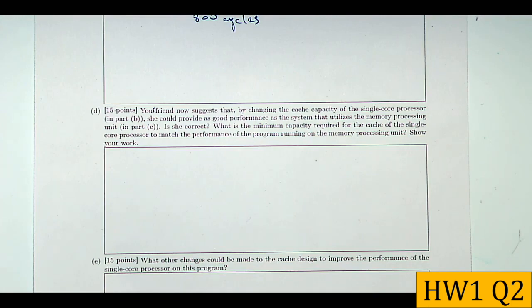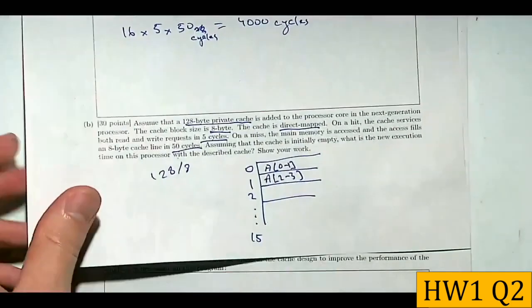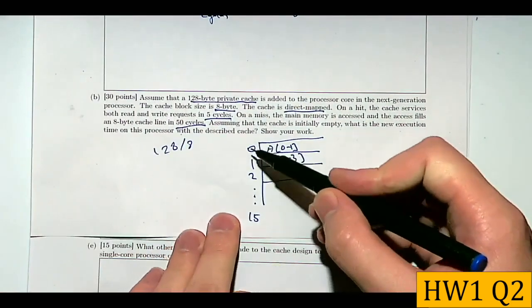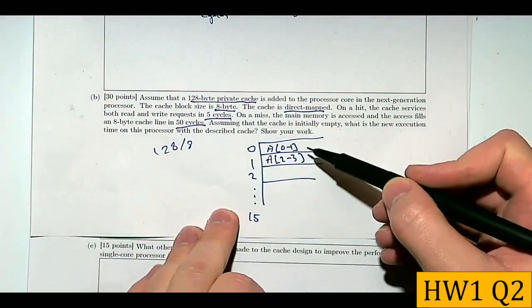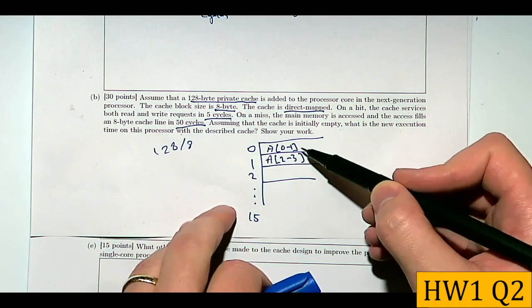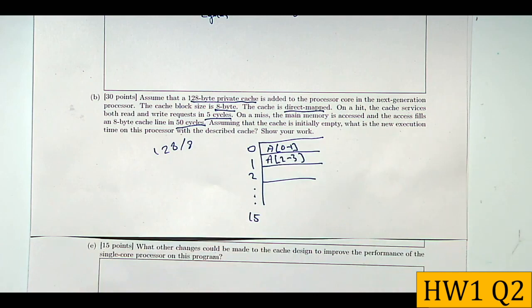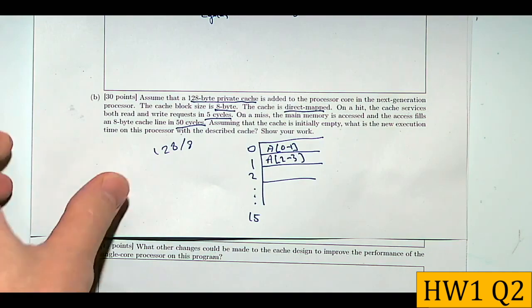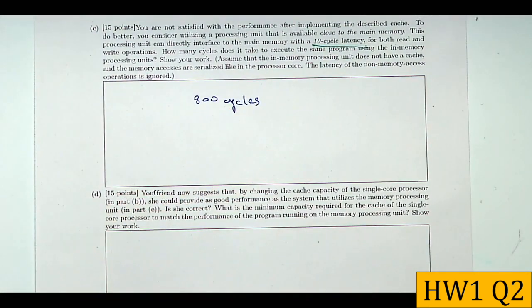So here, she's not correct because no matter how big the cache is, no matter how many entries we have here, we will have conflicts in cache line 0, and then it will increase the execution time a lot, so we can never complete the program in 800 cycles, even if the rest of the accesses are always hits.